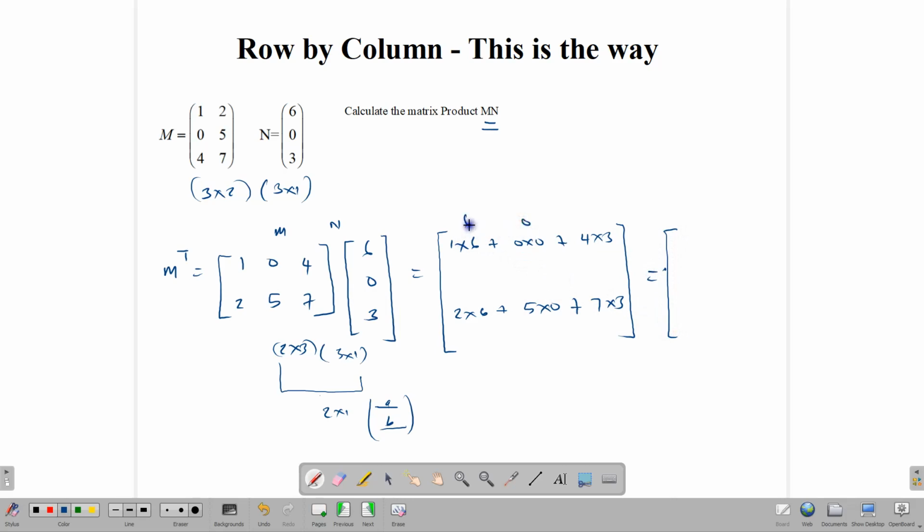This is 0. This is 12. For the second row, this is 12, this is 0, and this is 21. So we have 6 plus 12, which gives us 18, and then 12 plus 21, which gives us 33. So the matrix product Mn would be equal to 18 and 33.